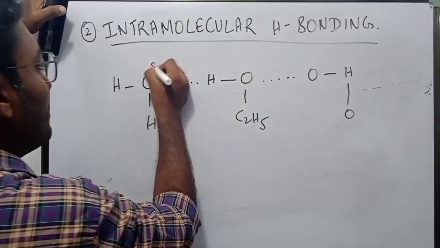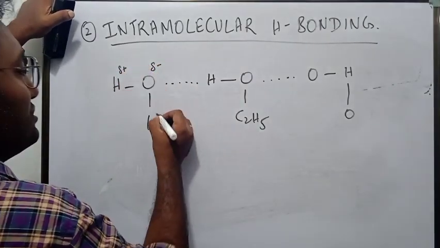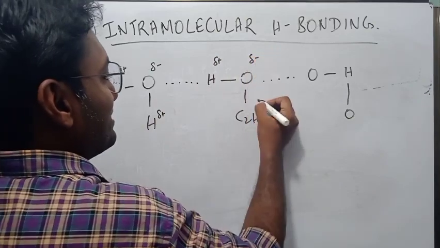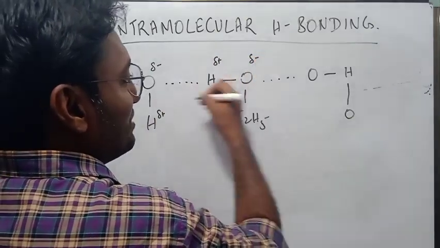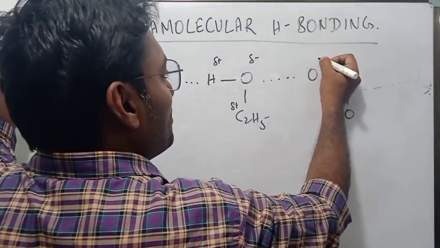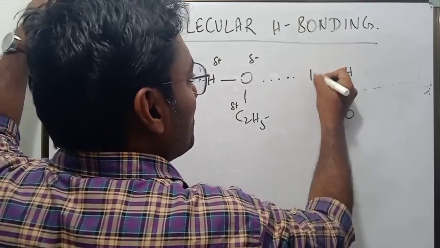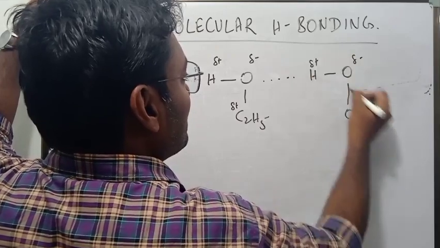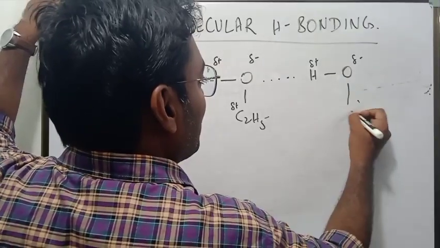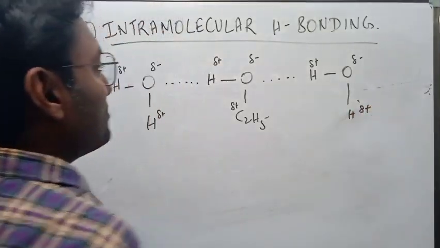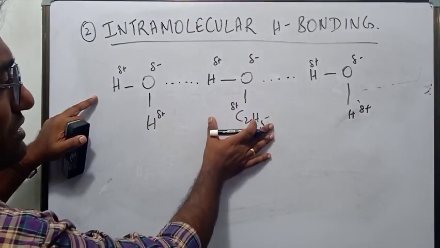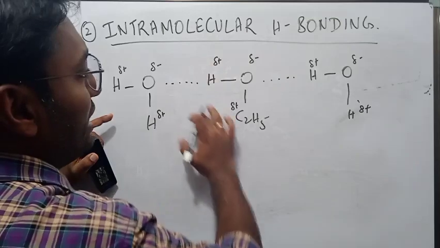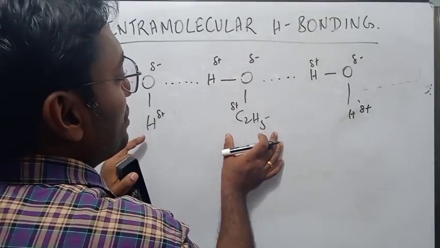You can surely show the charges here because of which they are getting attracted. This is the first time I am showing it. I have not shown it in the previous example, but you surely can show the charges. So you can see how ethanol, which shows hydrogen bonding, is a solute, right?